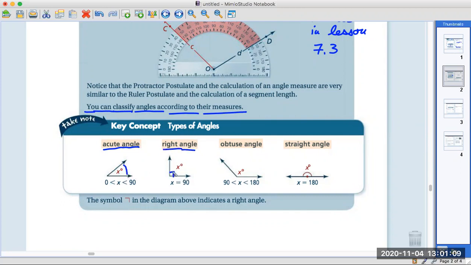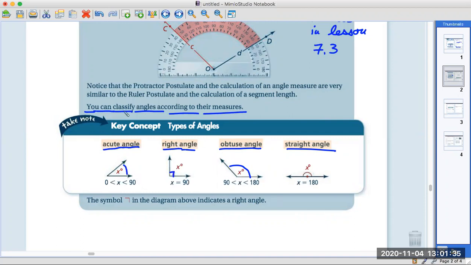Exactly 90 degrees. Notice this symbol means 90 degrees. Obtuse angle is measured between 90 and 180 degrees, so it's a pretty wide angle. And a straight angle, like we talked about, is a straight line which measures 180 degrees. So those are the 4 angle names you need to know.